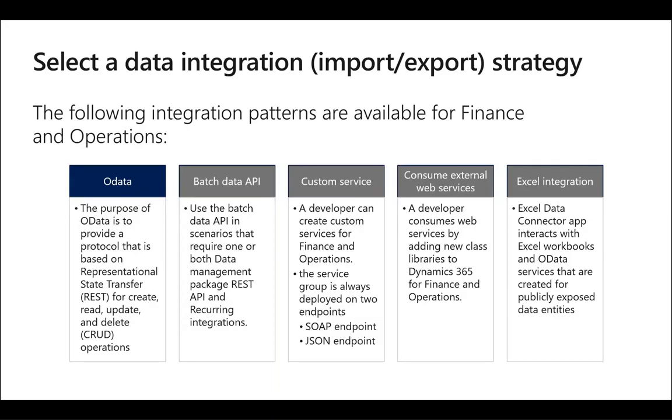The Batch Data API: use the Batch Data API in scenarios that require one or both of data management package REST API and recurring integrations. Both APIs support data import scenarios and data export scenarios.